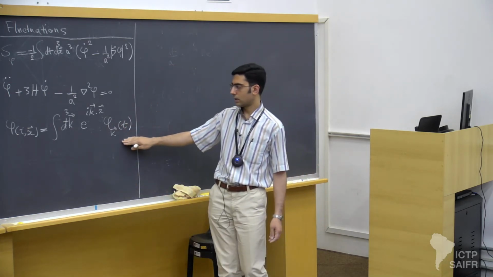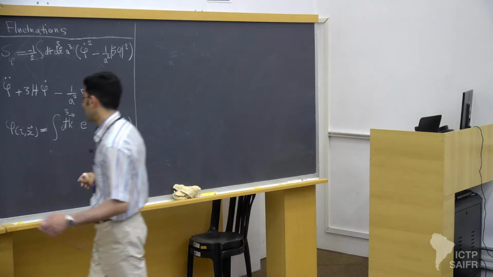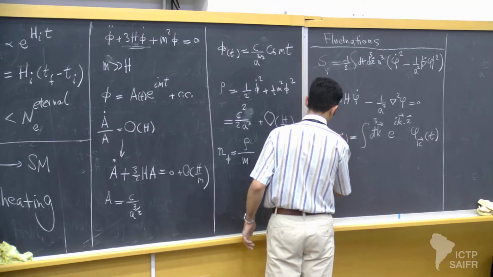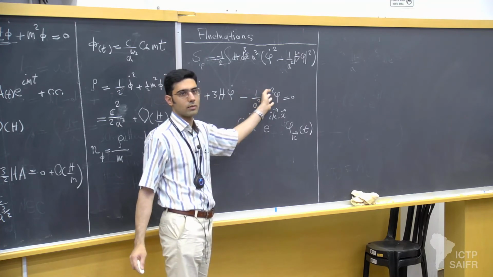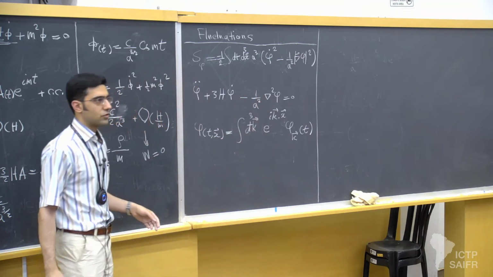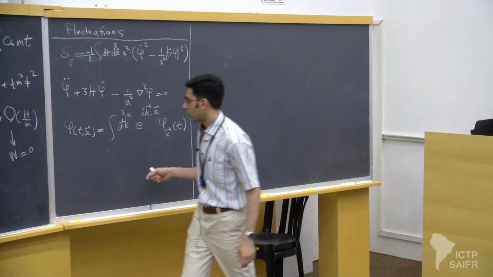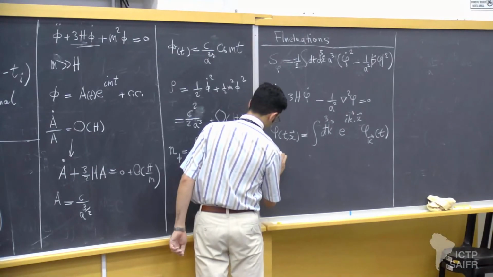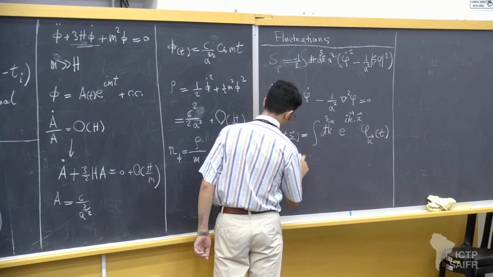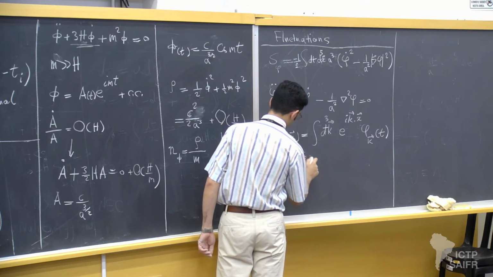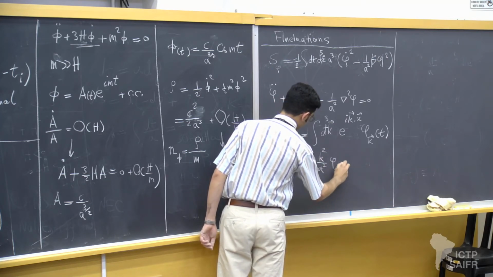And now if I expand phi in terms of these Fourier modes, then the equation becomes, of course, this equation is a PDE. There are derivatives with respect to time and space. Once I do this Fourier decomposition, it simplifies. It becomes a system of ODEs, one for each k. So for each k mode, I get phi k double dot plus 3H phi k dot plus k squared over a squared phi k is equal to 0.